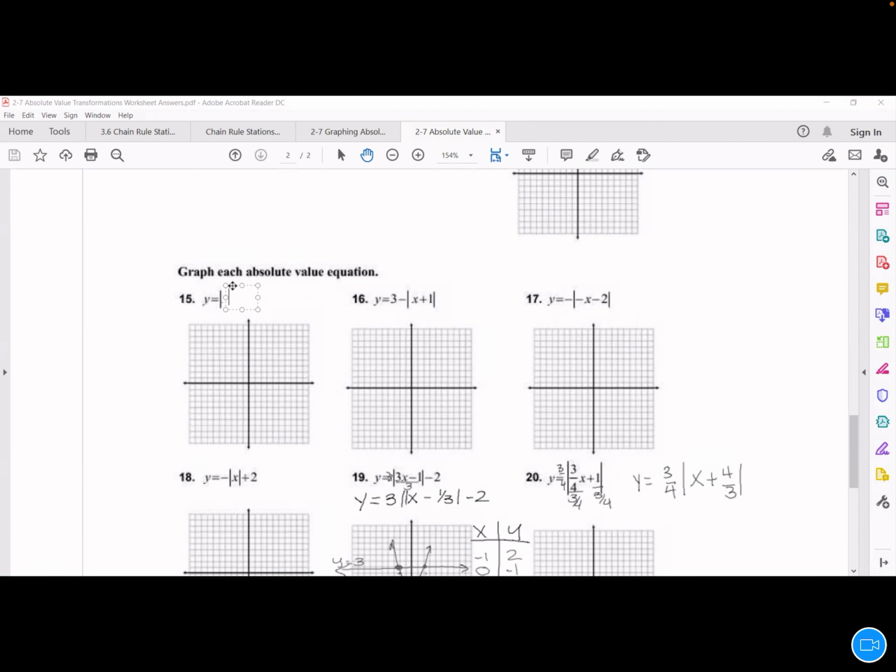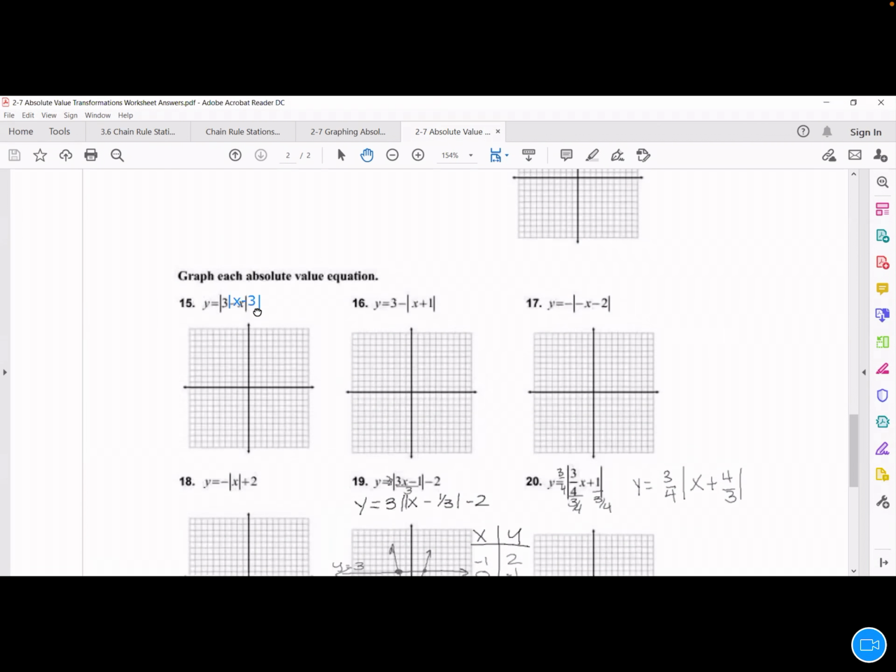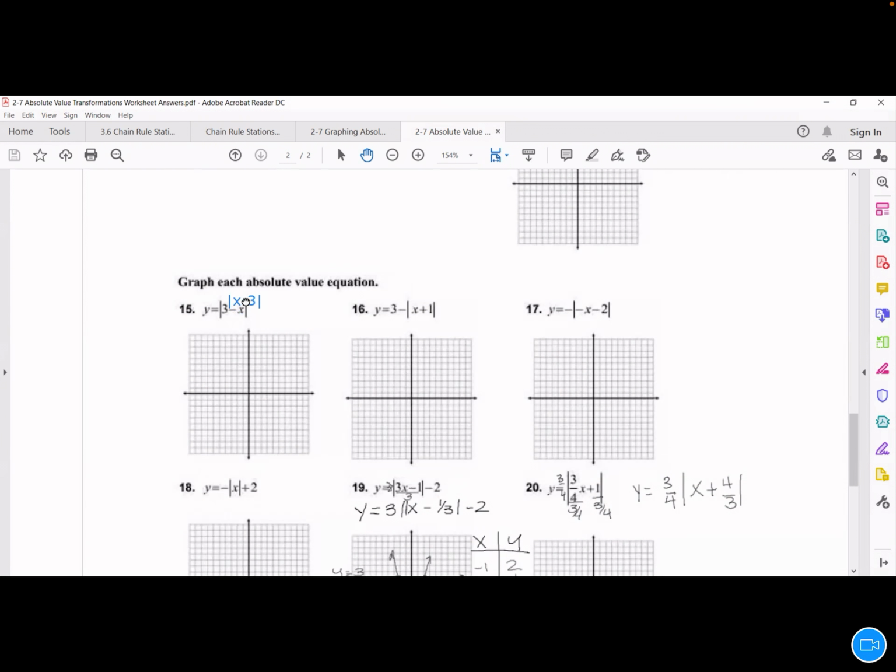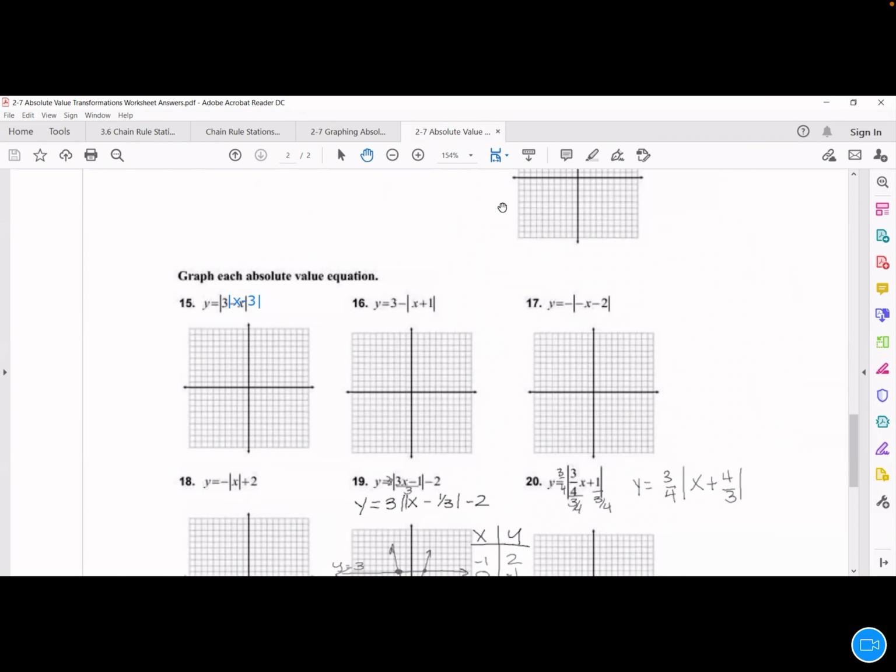And your 19. So again, your equation for 15 is actually valid. And let's do this. We'll go back to paper.